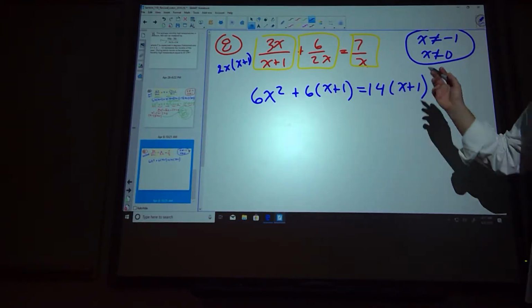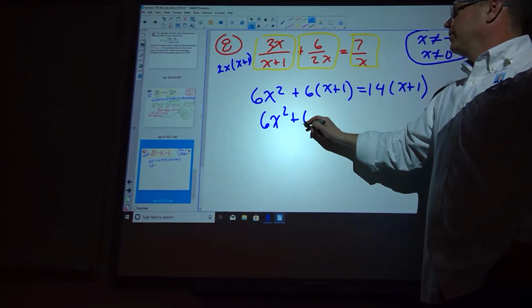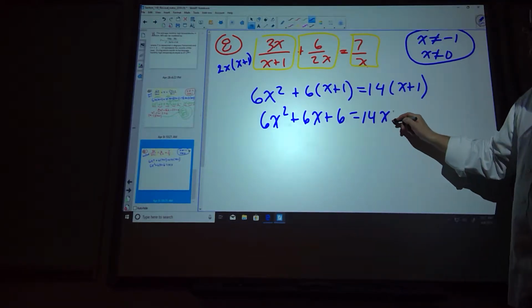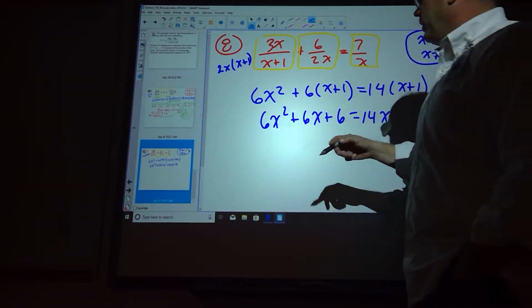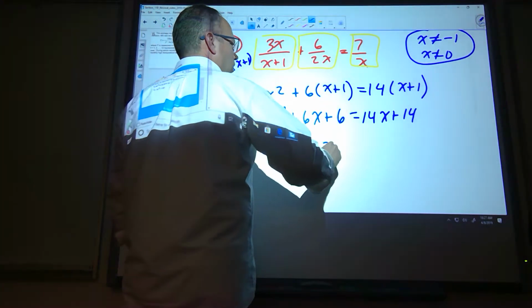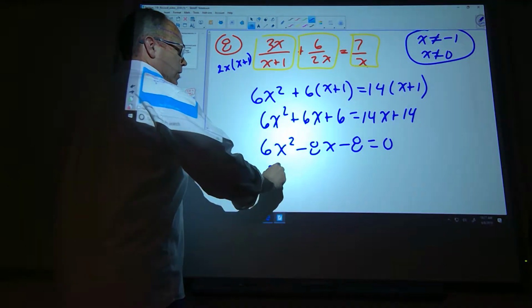All right, so let's solve this. Distribute over the parentheses. And then let's move everything over. So I get 6x squared minus 8x minus 8. Divide everything by 2.